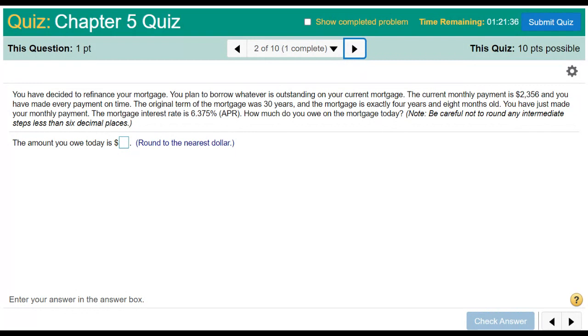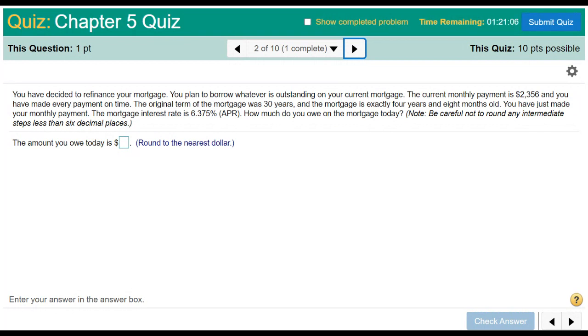So the original mortgage is for 30 years, which equals 360 months, because 30 times 12 is 360 months. Now you've paid exactly 4 years and 8 months.